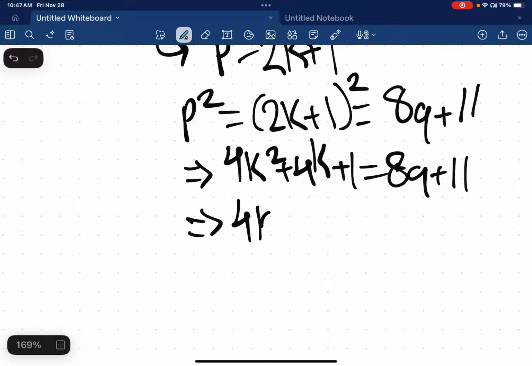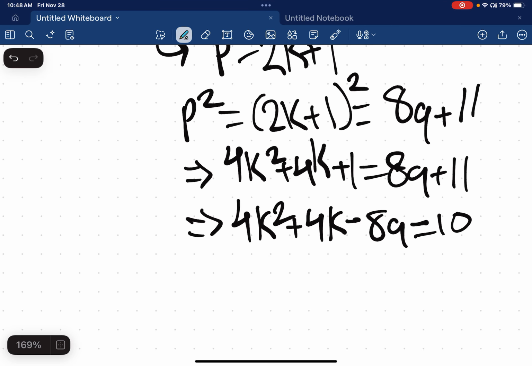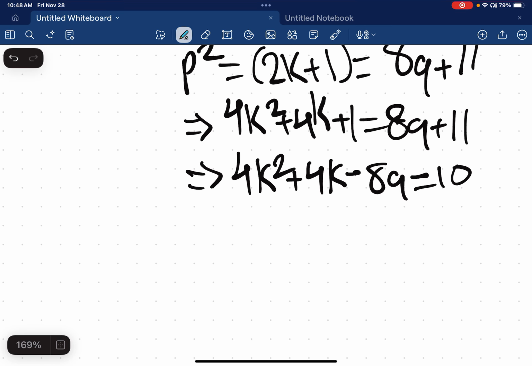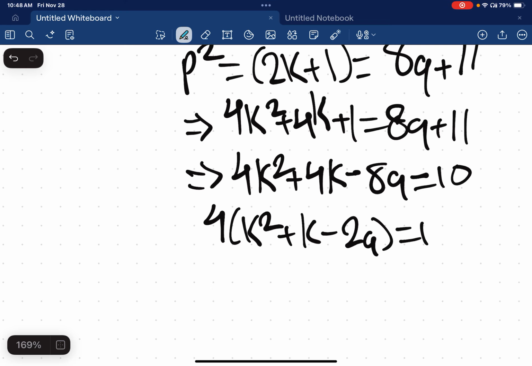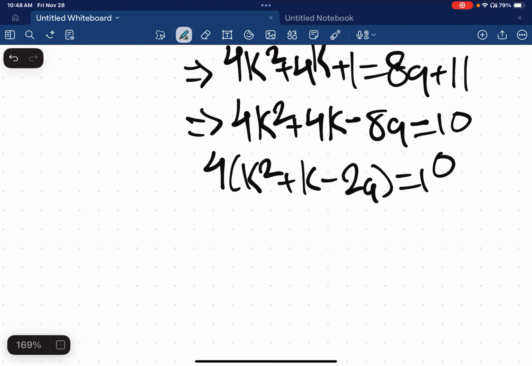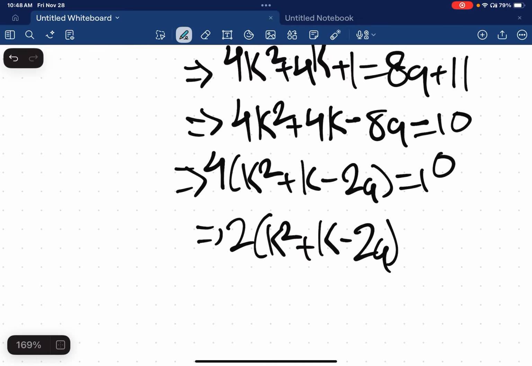So we'll get 4k squared plus 4k minus 8q is equal to 10. And then we're going to factor out the 4, and after dividing by 2, simplify it even further.